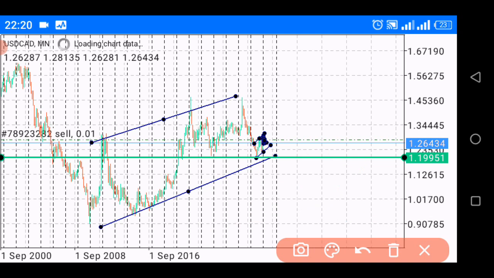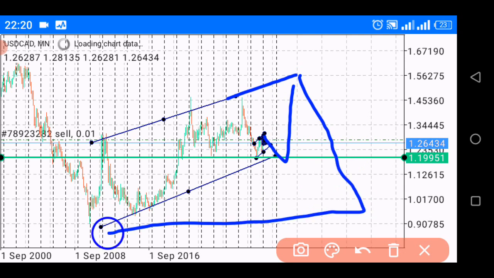But if price comes here like this, gives us this, we still expect price to come like this, because of this ascending pattern combining with this structure of the market.